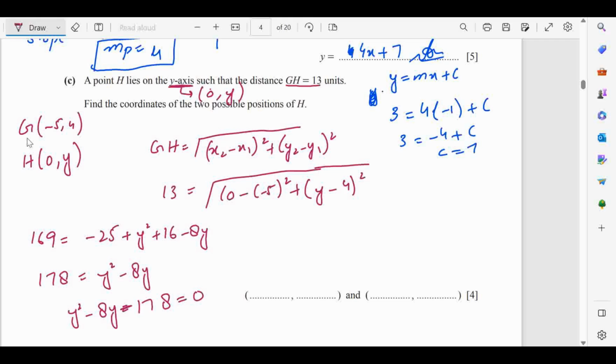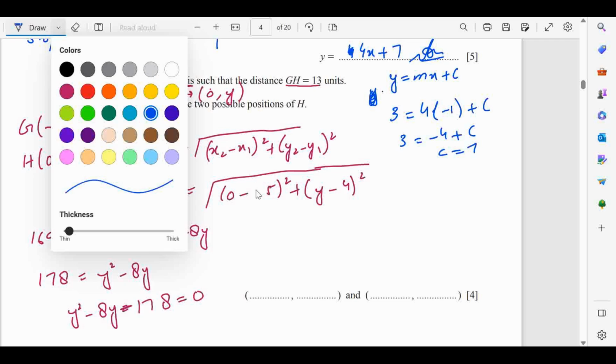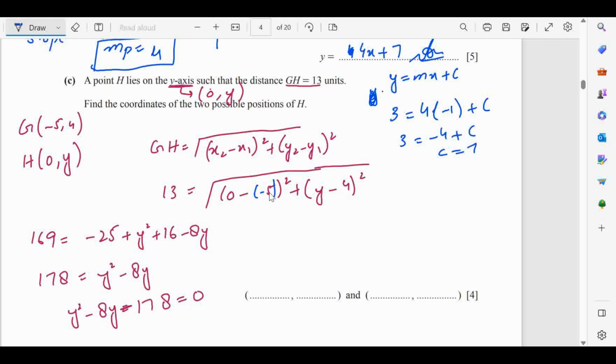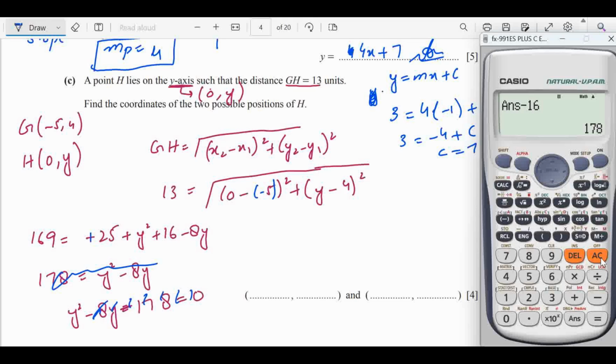Now here there is a small correction: we should write it like this, that -5 whole square will be plus 25. So finally, this will be equals to 169 minus 25 minus 16, which will be equals to 128.